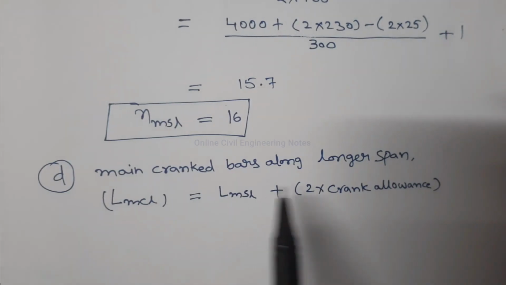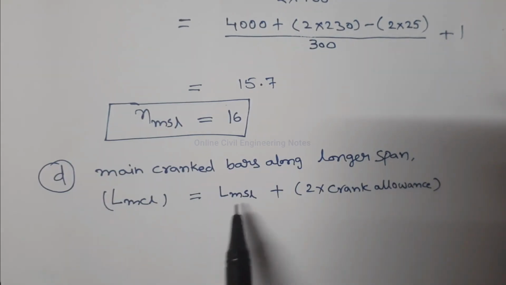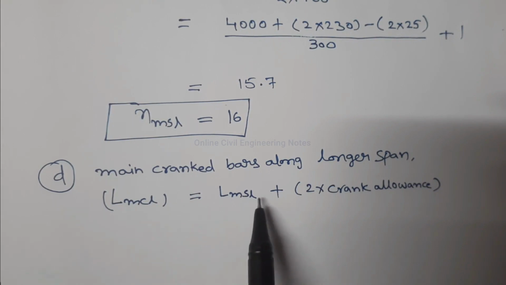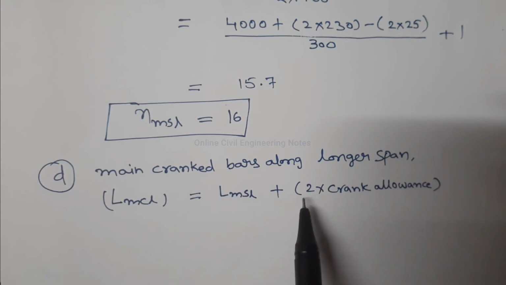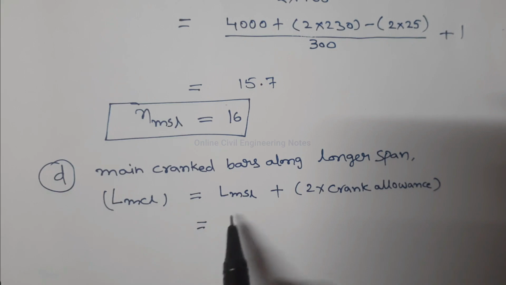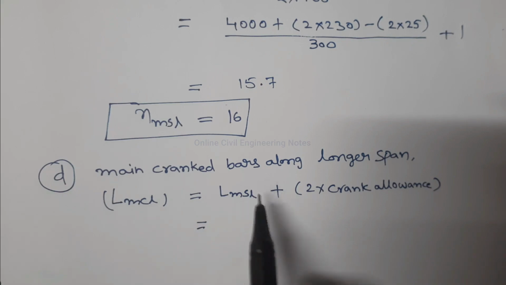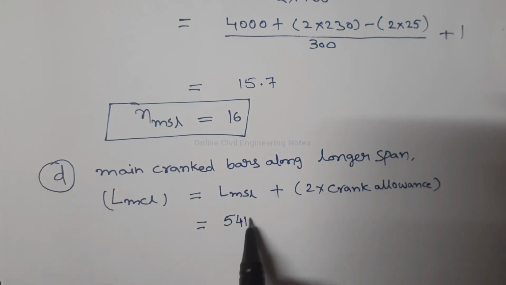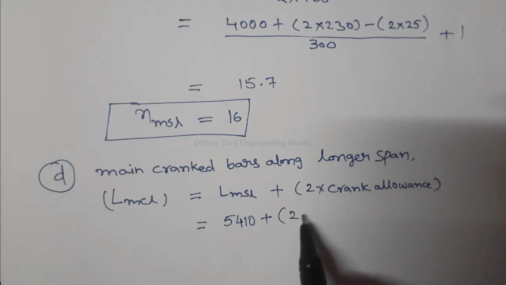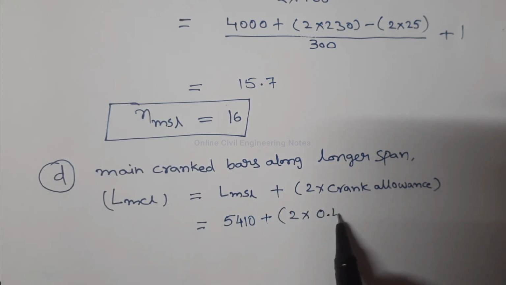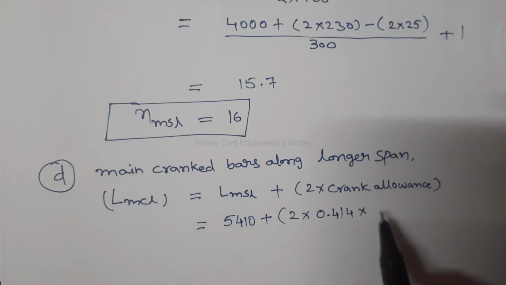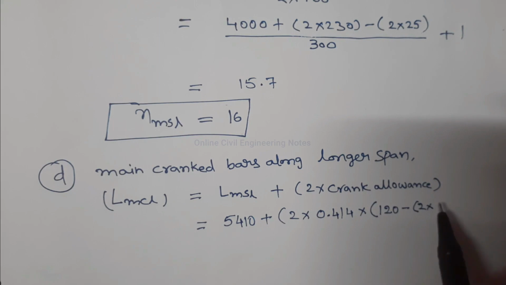Next one is main cranked bars along longer span, which is equal to length of main straight bar along longer span plus 2 into crank allowance. Length of main straight bar in longer span is equal to 5410 plus 2 into crank allowance, which is 0.414 times D. D is equal to total depth of slab minus 2 into covers. Top cover is 20, bottom cover is 20.